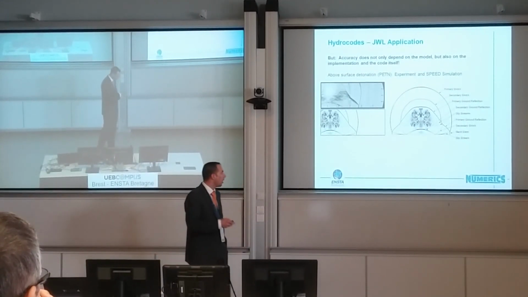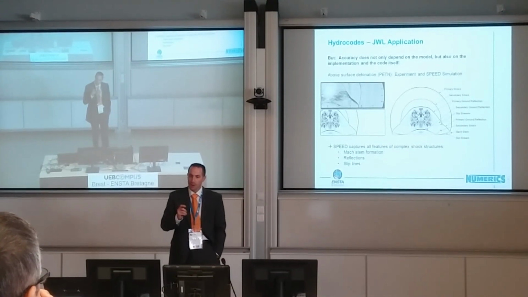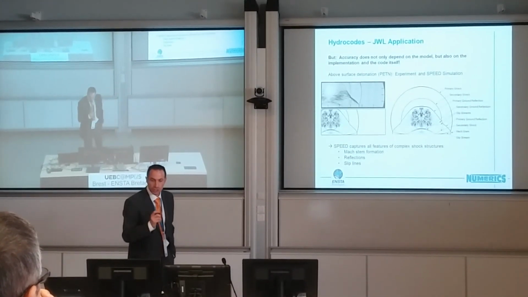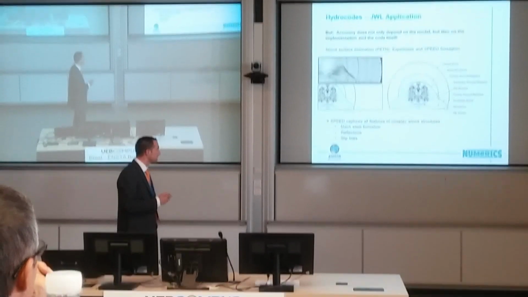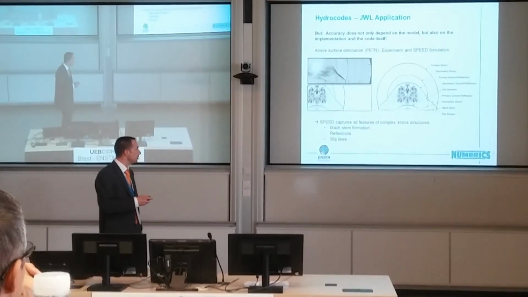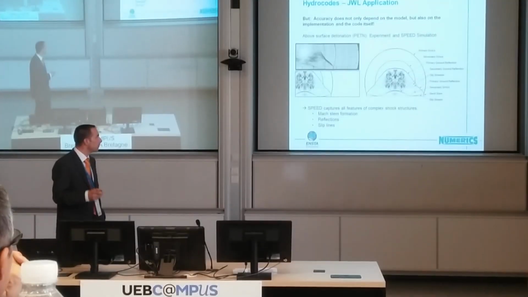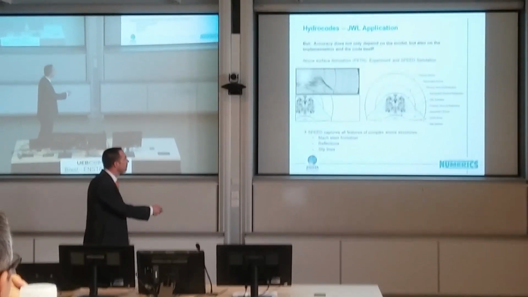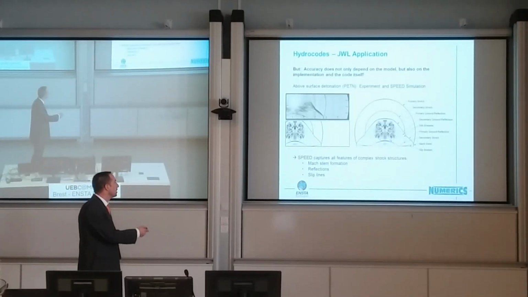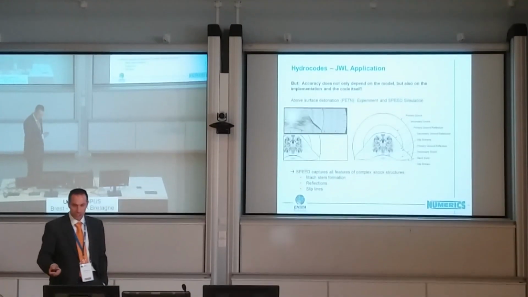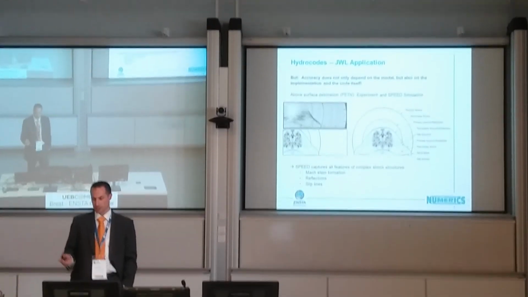Practically all phenomena of even complex shock structures can be represented if your code is capable of doing this: Mach stem development down here from the ground, multiple reflections, slip lines, and so on. So far for the JWL alone.